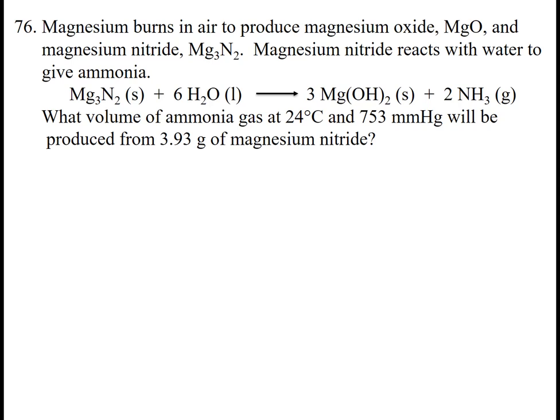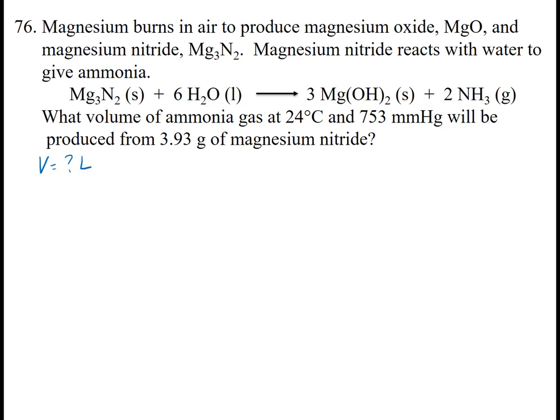In this problem, it says magnesium burns in air to produce magnesium oxide and magnesium nitride. Magnesium nitride then reacts with water to give off ammonia. It gives me a balanced reaction: magnesium nitride plus 6 waters goes to form 3 magnesium hydroxides plus 2 ammonias. It asks what is the volume. Just like I've been doing all semester, I'm going to write down what it's asking for.